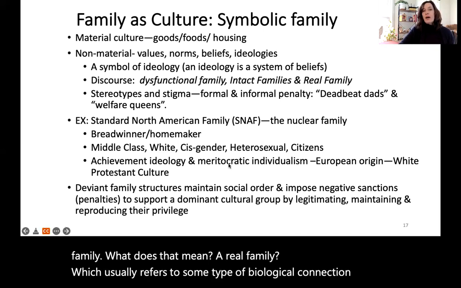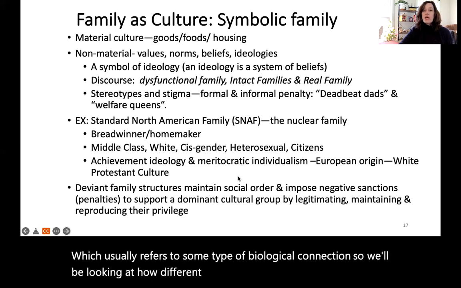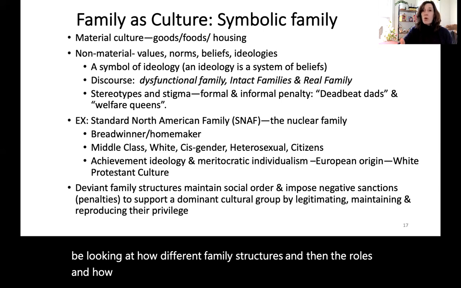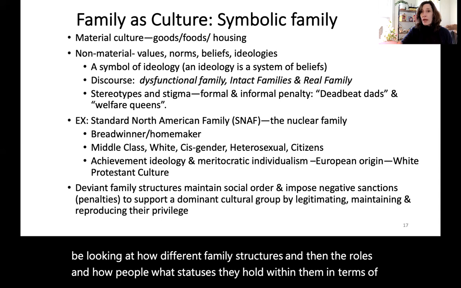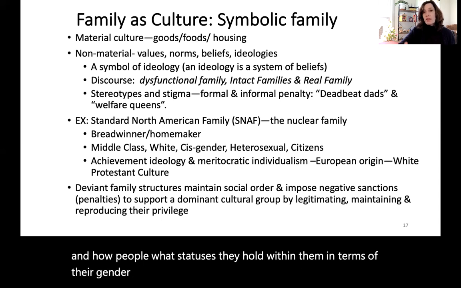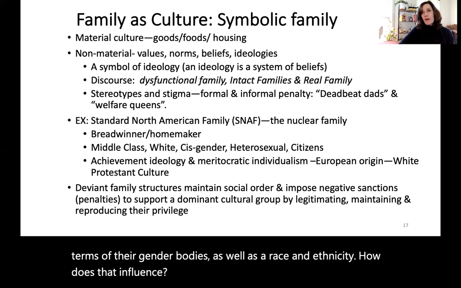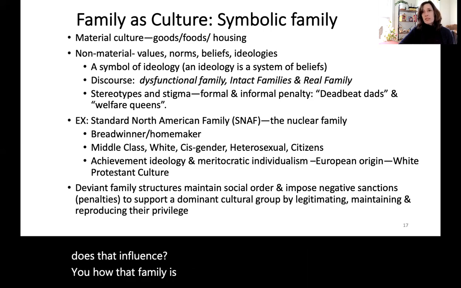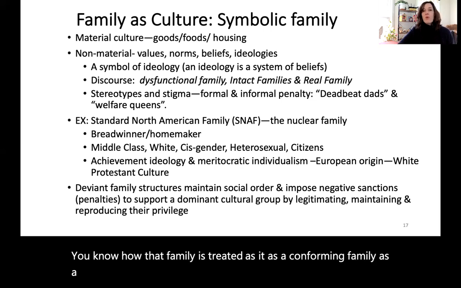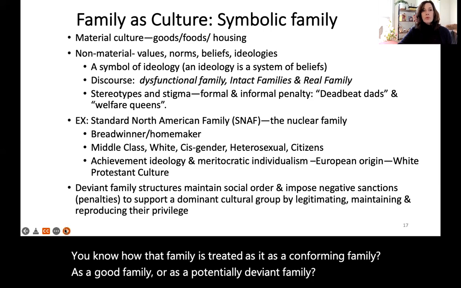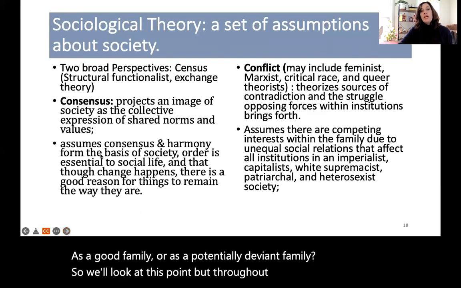So we'll be looking at how different family structures, the roles, and the statuses people hold within them, in terms of their gendered bodies, as well as race and ethnicity. How does that influence how that family is treated? Is it treated as a conforming family, as a good family, or as a potentially deviant family? So we'll look at this quite a bit throughout the semester.